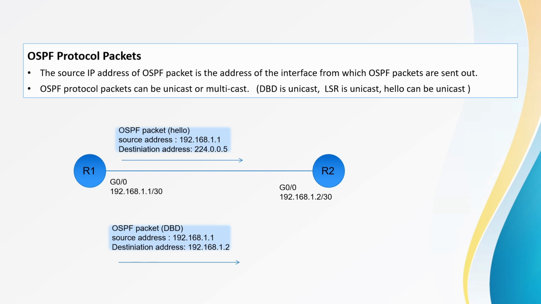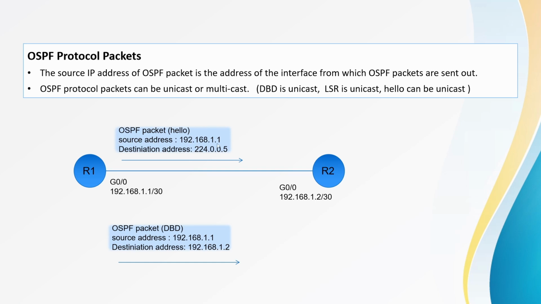The source IP address of an OSPF packet is the address of the interface from which the OSPF packet is sent out. For example, in this diagram, R1 and R2 are connected. If R1 needs to send an OSPF packet out, the destination address could be the multicast address 224.0.0.5.